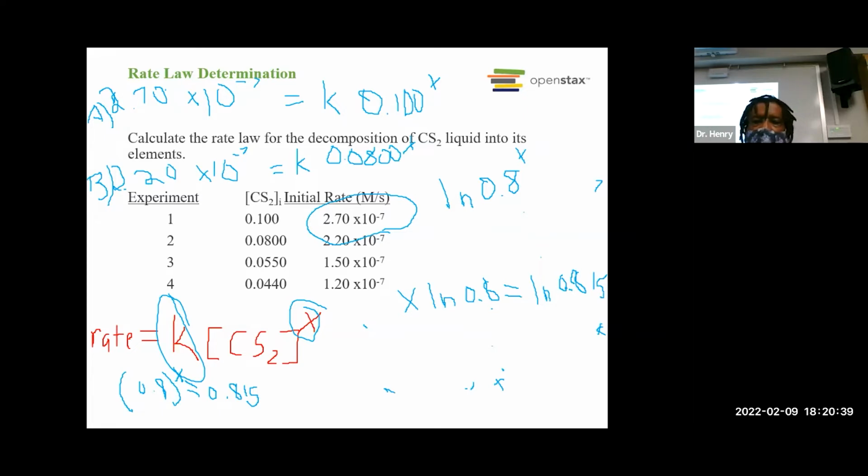Okay, so we're going to get x is going to equal ln 0.815 divided by ln 0.8.